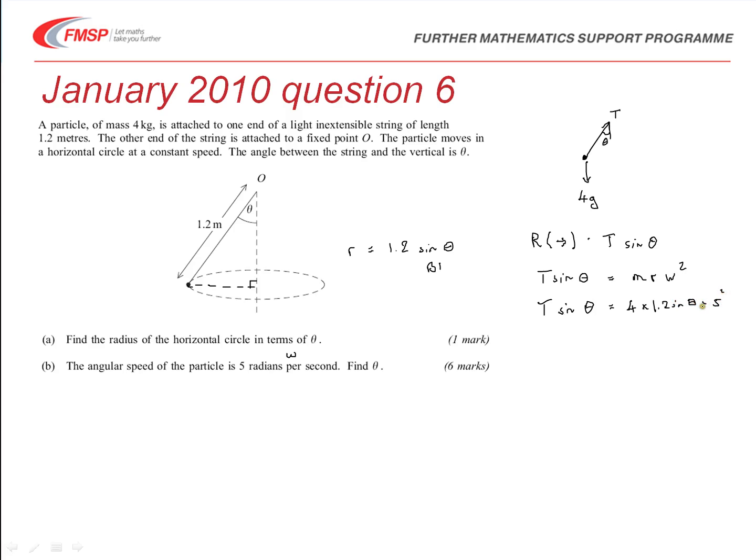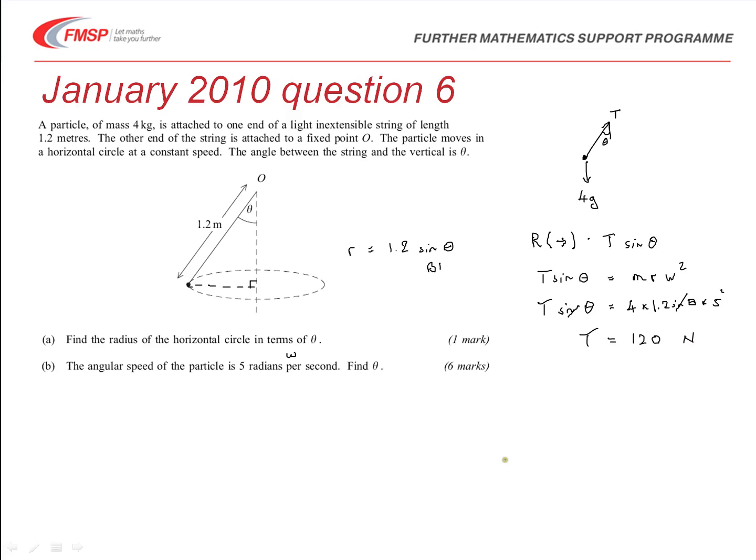So we can see the sine thetas in this case will cancel, and that then gives us a value for T as being 5 squared is 25 times 4 is 100 times 1.2 gives us T as 120 newtons.